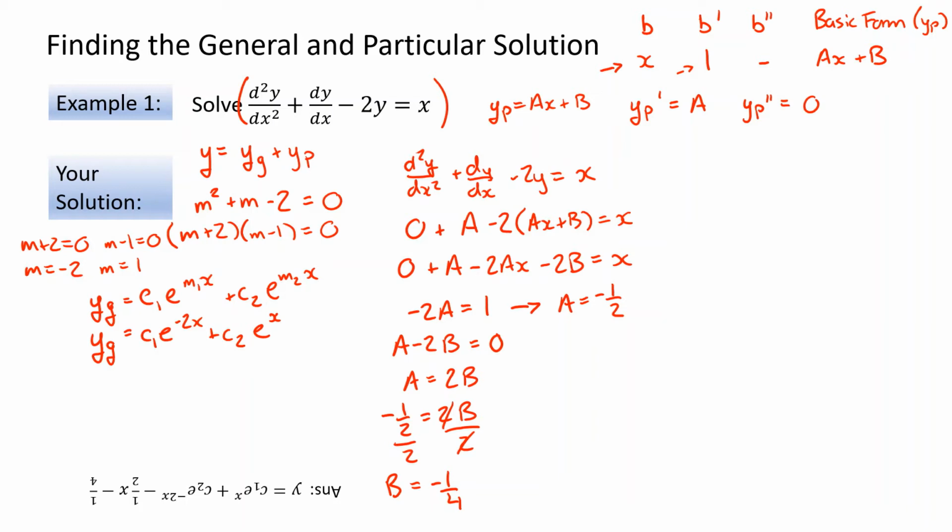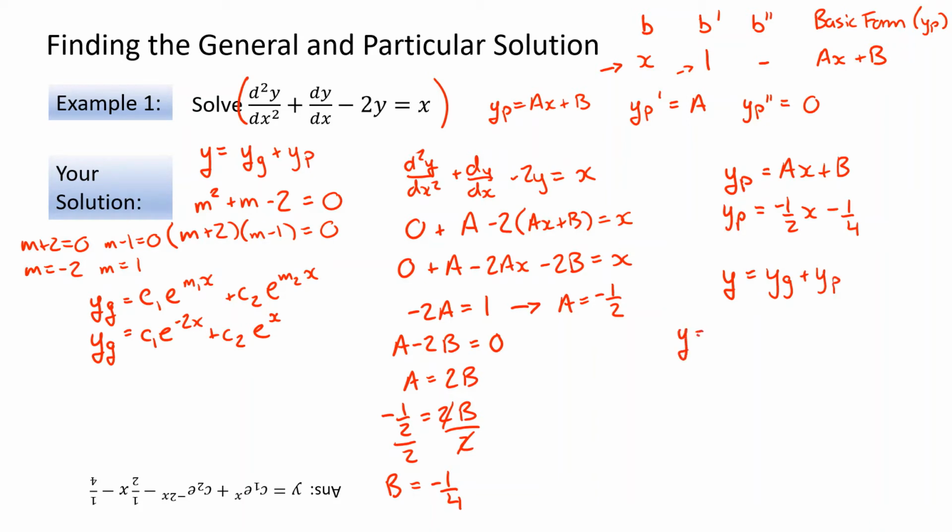So what that means is that our particular solution is ax plus b, and it must be negative 1/2 times x minus 1 over 4, substituting those values in. So now that we have our general and our particular solution, our final answer is just adding those two together, right? So we have that y is equal to our general solution plus our particular solution.